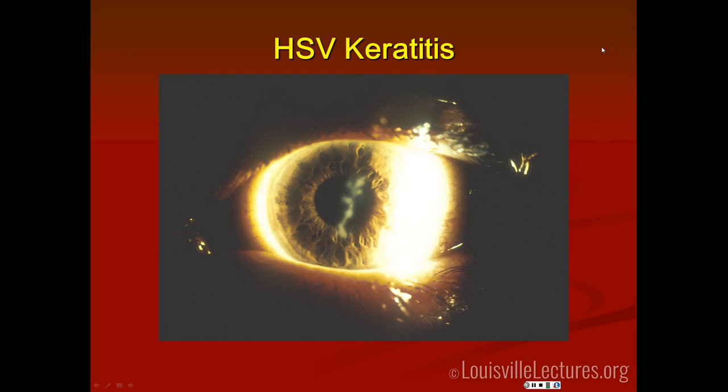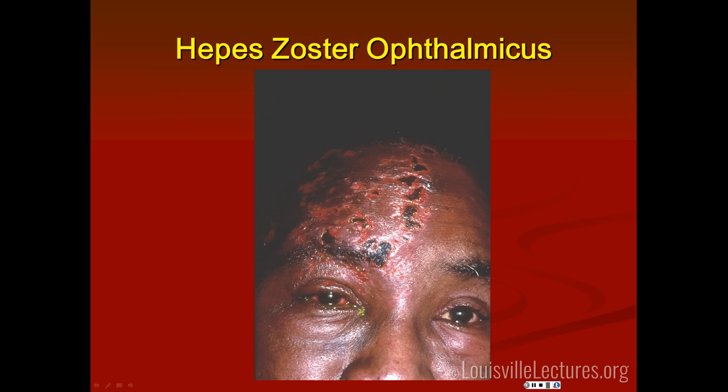HSV keratitis, I'm sure you guys have seen this, this dendrite pattern. So you get branching off with terminal bulbs. And HSV keratitis and VZV keratitis can look a lot alike, except they say that VZV keratitis doesn't have terminal branching, and they're actually pseudodendrites, because there's not actual loss of epithelium on the cornea.